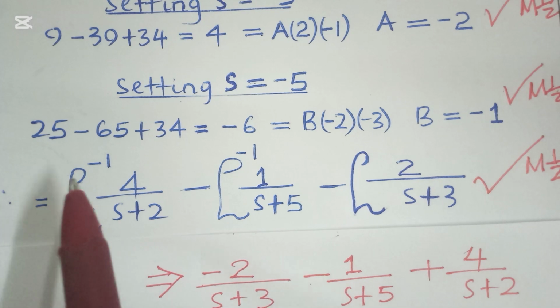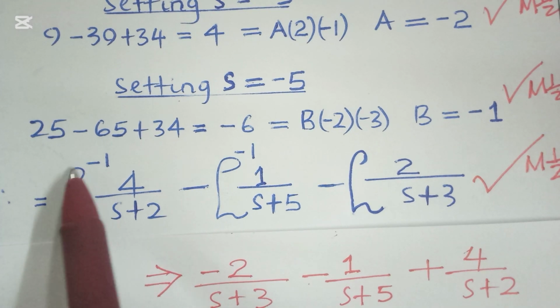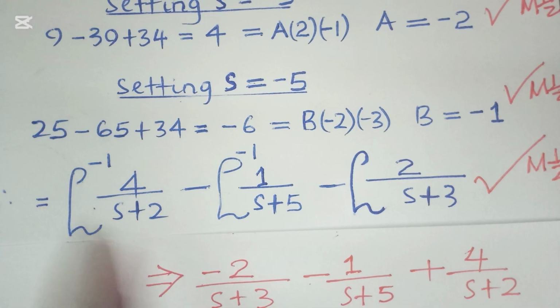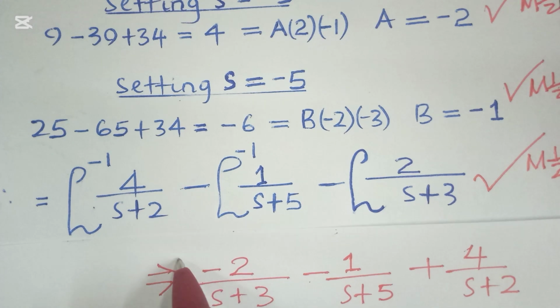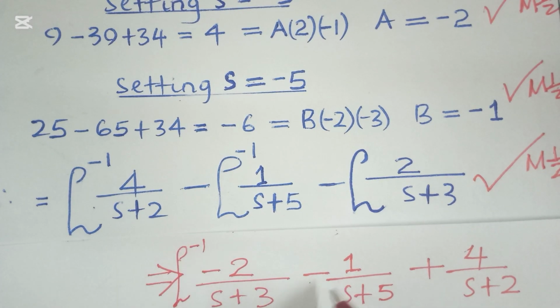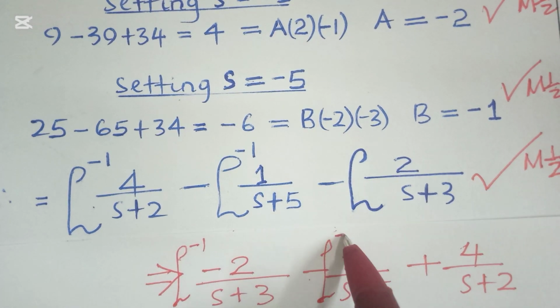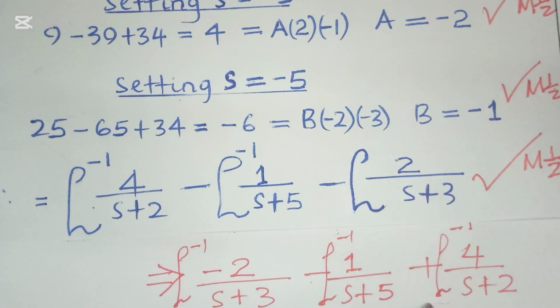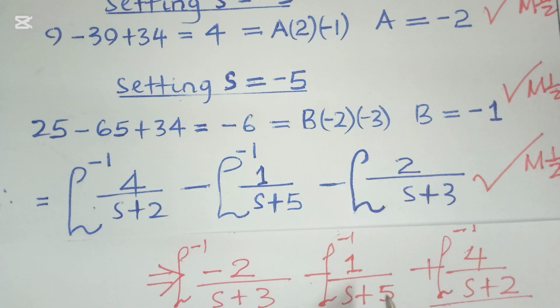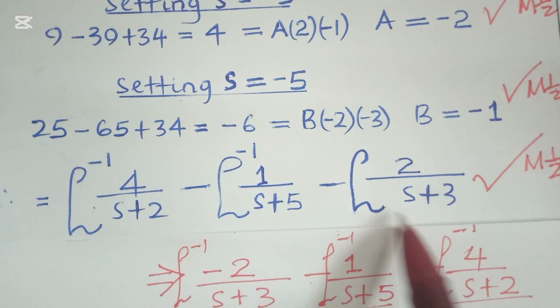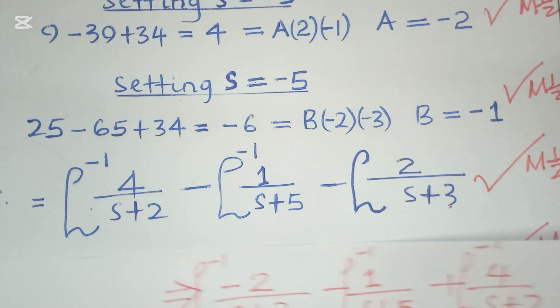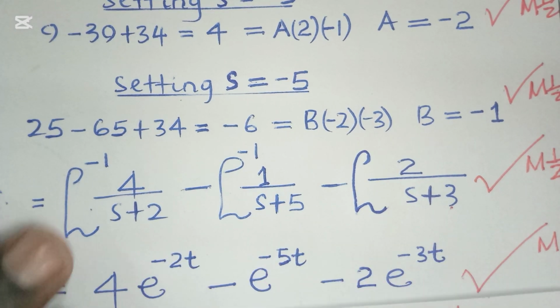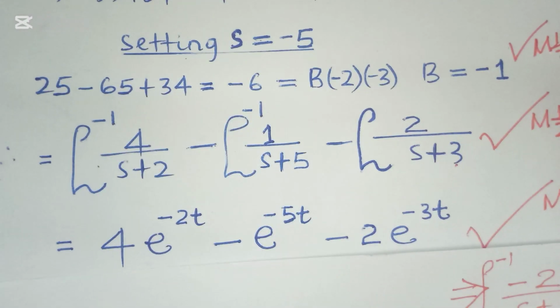Now guys, we bring in our inverse Laplace, because remember, we are supposed to find the inverse Laplace of each of them, since our original equation had inverse Laplace. So I start with this, which is this, then this, which is this, and then this is this. Now coming to inverse Laplace, this is what we are going to get.